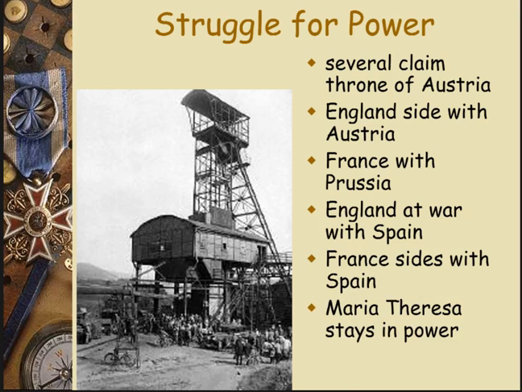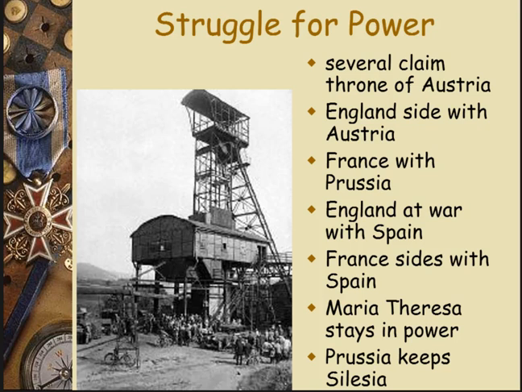Now, to make a long story shorter, at the end of the conflict of the War of Austrian Succession, Maria Theresa stays in power and she will rule Austria, but guess what? The Prussians keep Silesia. So it's not a complete win, I guess, for either side. Although the Prussians would probably say they pretty much got what they wanted, right?